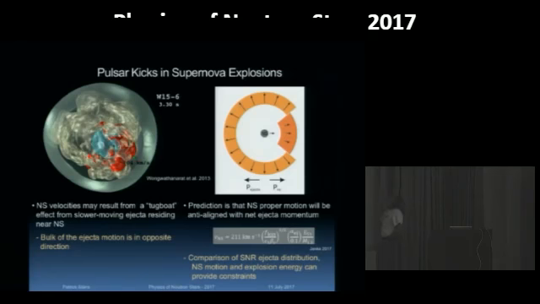And connecting the kick velocities to the origins in supernovae themselves leads us to some observational connections between neutron stars and supernova remnants. So, for example, this is a paper that is representative of a number of papers that invoke asymmetric ejecta distributions in the explosion as a means of imparting momentum to the neutron star and giving it a large kick.